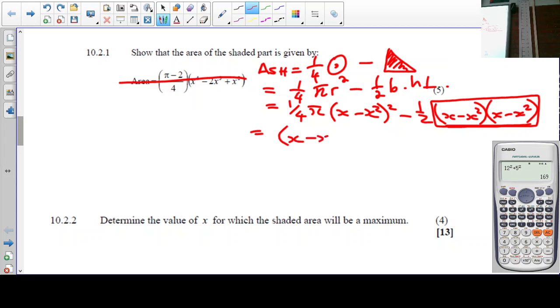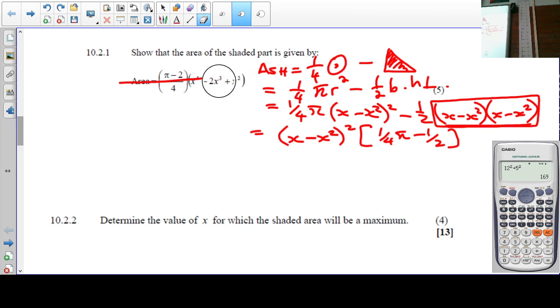So x minus x all squared, you're left with a quarter pi minus half. Okay, can you see this is coming along already? You see that part? You see, I took out the common factor. Not so? So, the binomial square, that's no problem.